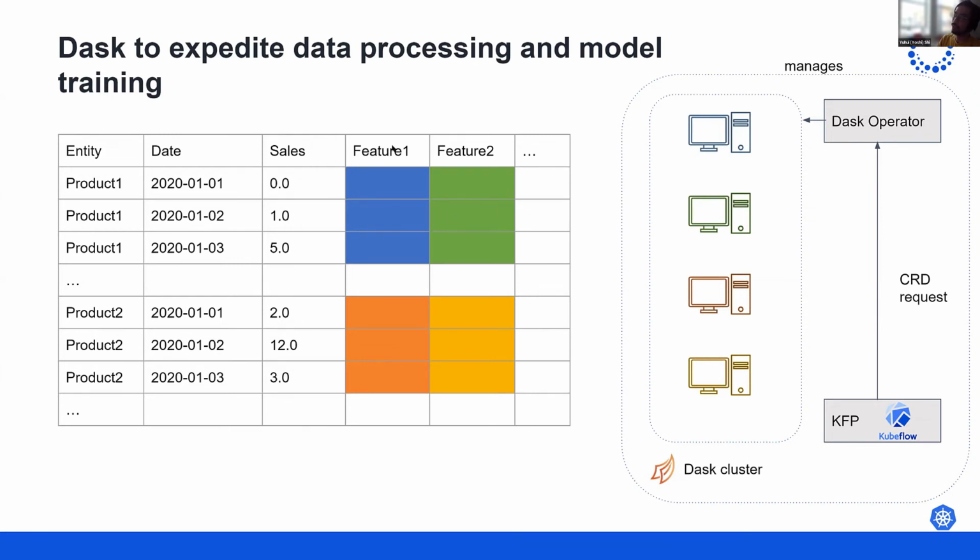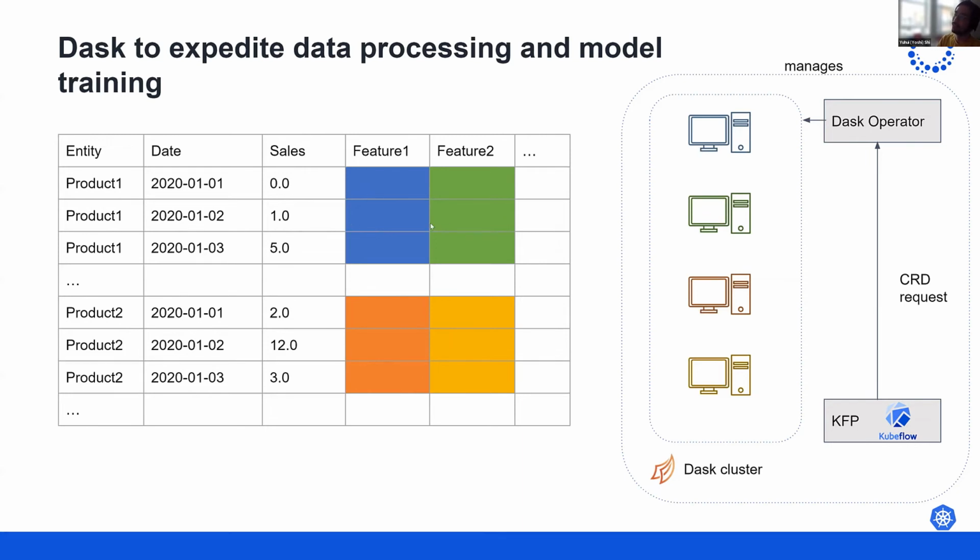So for example, the derivation of different features from the same sales channels can be delegated to different machines. And also you can do a horizontal chunking of your data set by letting each individual machine handle a chunk of the data, which may contain a subset of the products that you have.